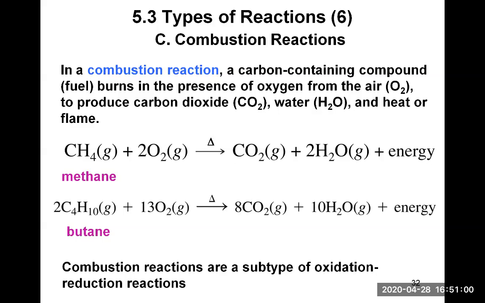So that's how the energy is being used. Butane is also used, it's also a gas that we burn, and we use the energy to cook or to do other things where we need energy. So combustion reactions are a subtype of oxidation-reduction reactions, and we will cover these in the next section.